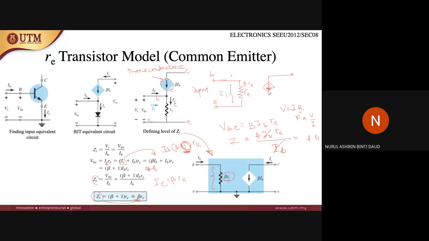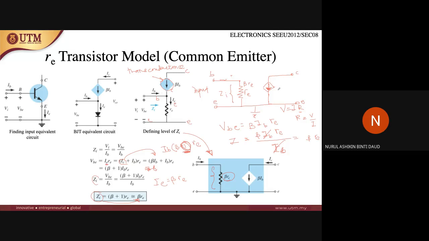All right. And since this collector is connected directly to the emitter, emitter and emitter, since it's the same, can be combined together and connected, and this can be ground.